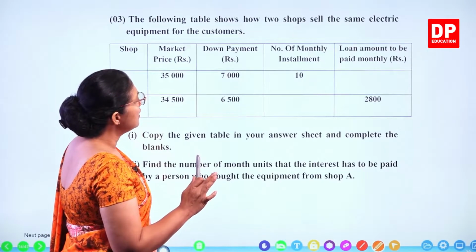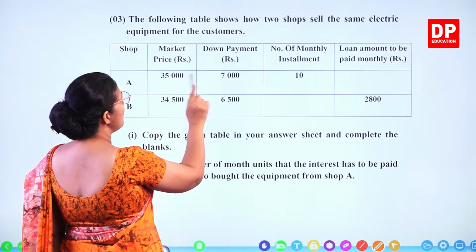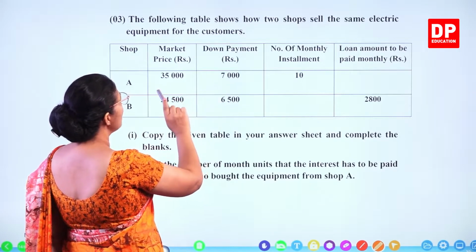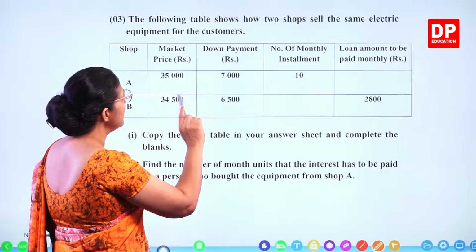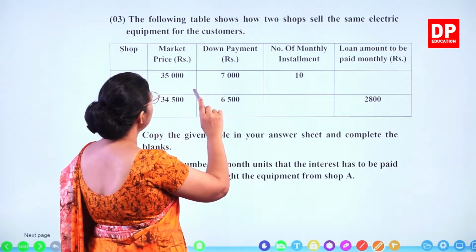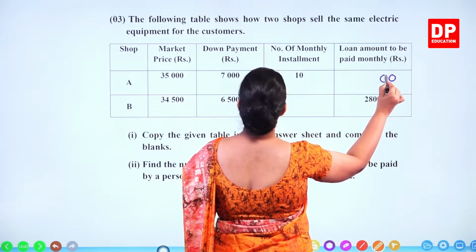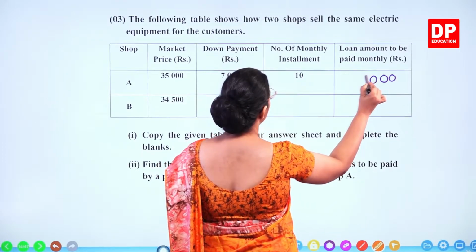So here 7,000 is the down payment. So when you subtract 7,000 from 35,000, you get that answer. So what's the answer? 0, 0, 0.